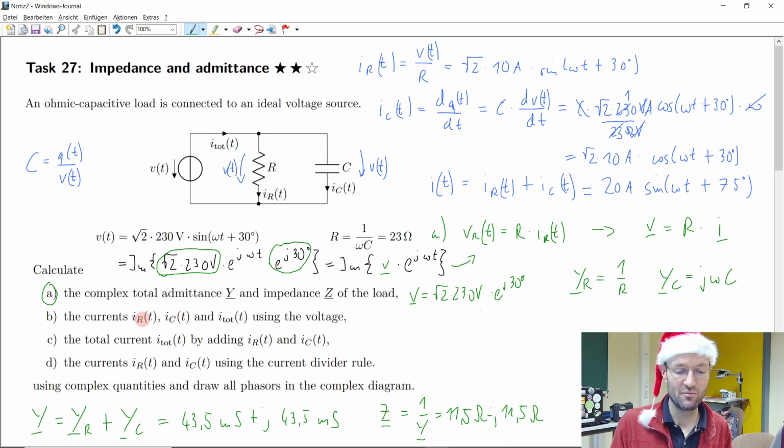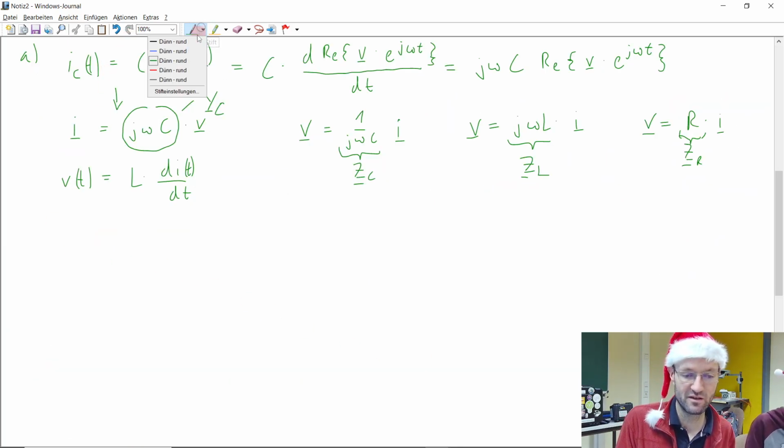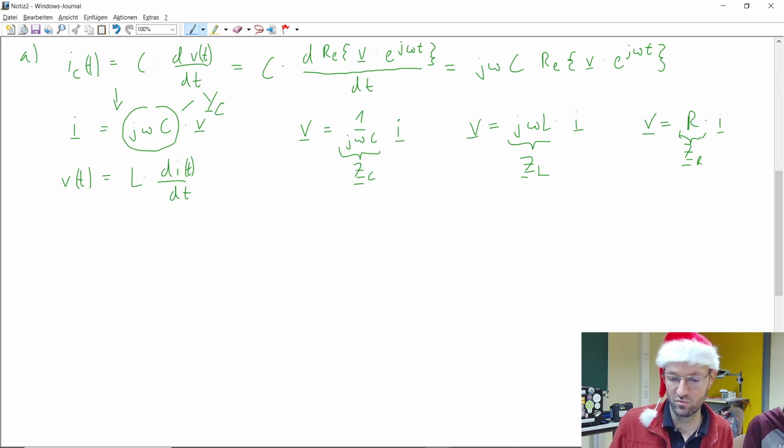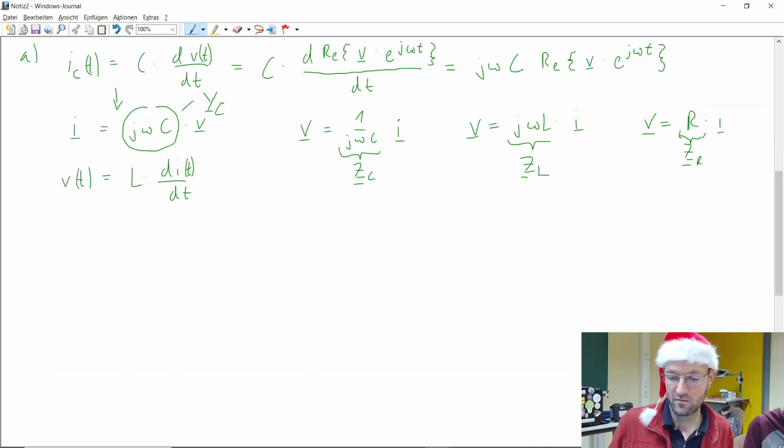So now how can we calculate the currents using the voltage? How do we get the current through the resistor and the current through the capacitor and so on? So maybe I will take blue once again for this task B. If I want to have the current through the resistor, how can I calculate it?